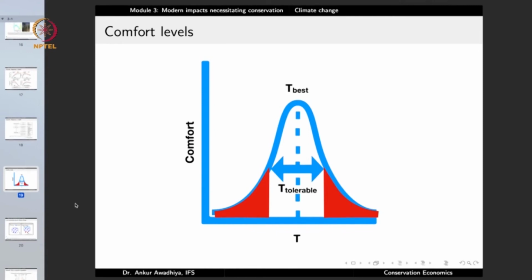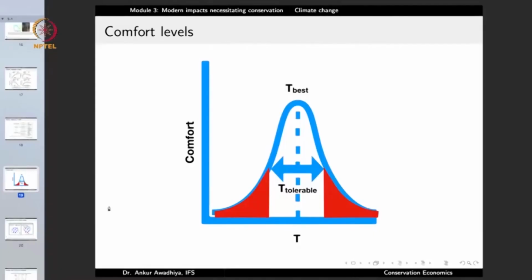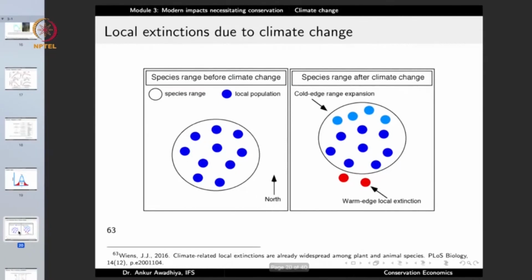So every organism has a particular level of temperature that it can tolerate. There is a best temperature that the animal prefers, there is a tolerable temperature, and if we go beyond the tolerable temperatures, the animals suffer from discomfort and may even perish. Now, because of changing temperatures, we are observing a large number of local extinctions.